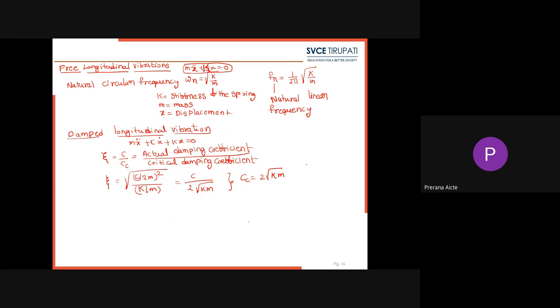Along with that, we have already seen if epsilon is equal to 1, then it is critical damping.